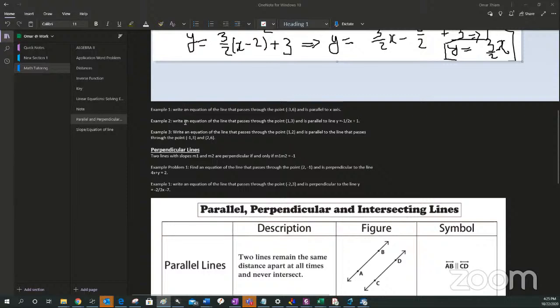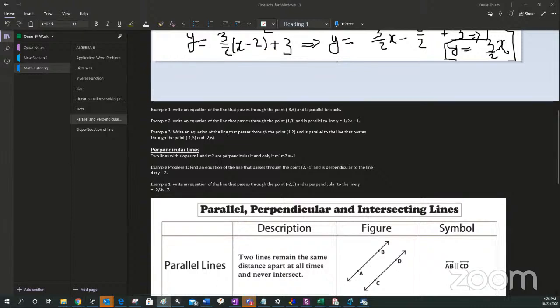Example one. Write an equation of the line that passes through point (-3, 6) and is parallel to the x-axis. For my answer, I got y equals 6. That's perfect. Would you mind walking us through how you got that particular one?